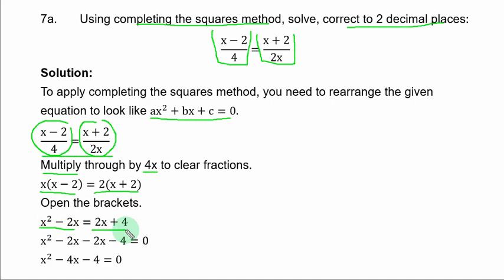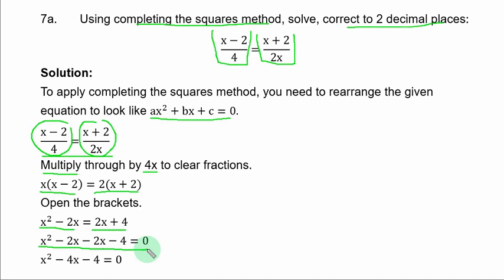If you rearrange so that the right hand side is 0, you have to transfer 2s plus 4 to the left hand side, and you have s squared minus 2s. If you transfer plus 2s to the left hand side, it becomes minus 2s. If you transfer plus 4, it becomes minus 4, equal to 0.